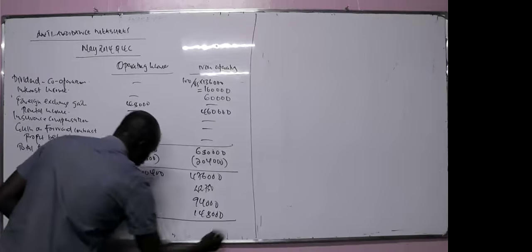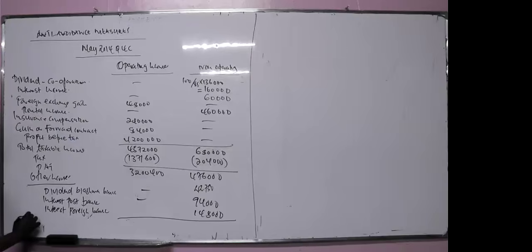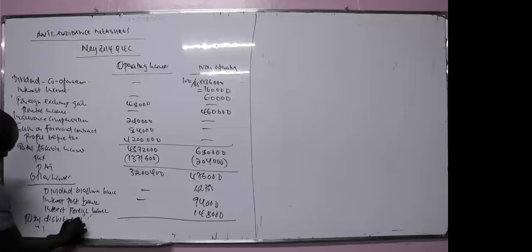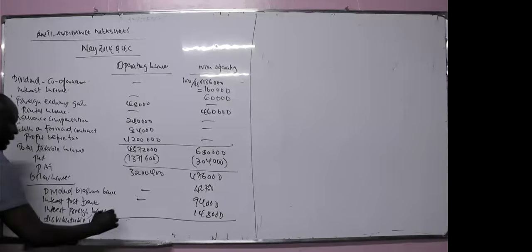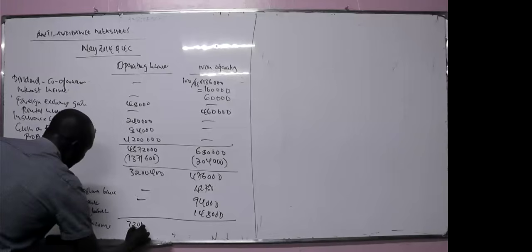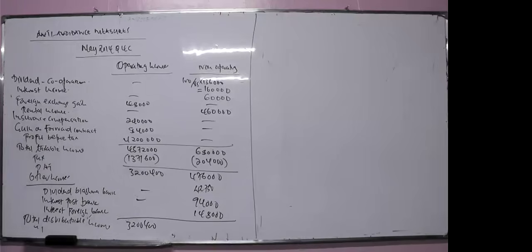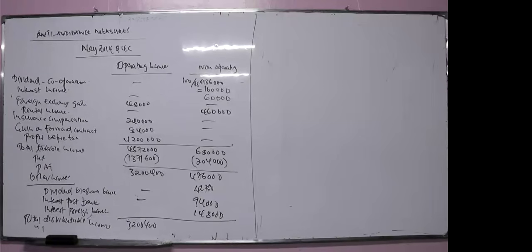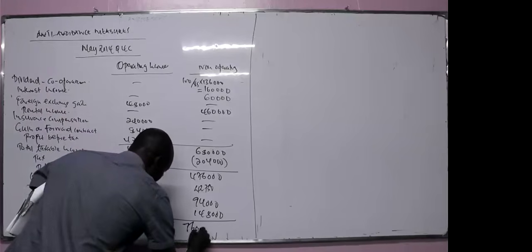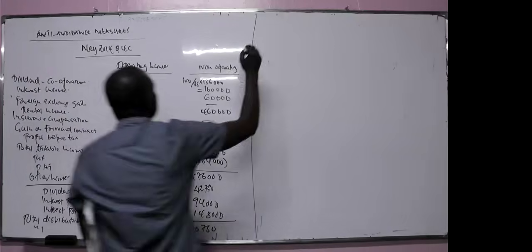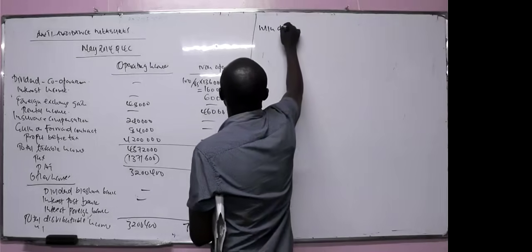And then we get the total distributable income. This is 32,400. This other one, 760,750. Then here we have minimum distribution.